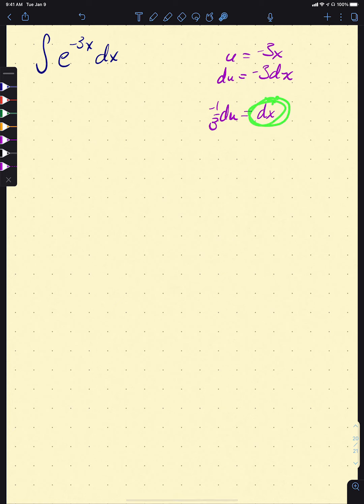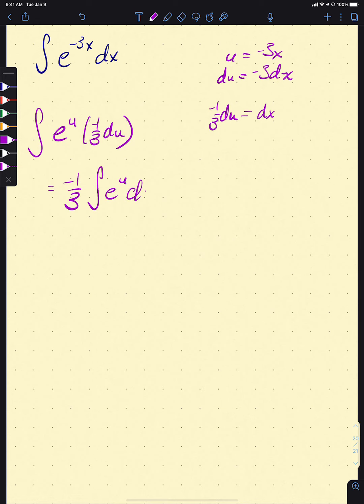With this value of dx and our value of u, we can rewrite our integral. It's going to be e to the u times minus 1/3 du. But of course, that 1 over minus 3 is going to factor to the front, e to the u du.